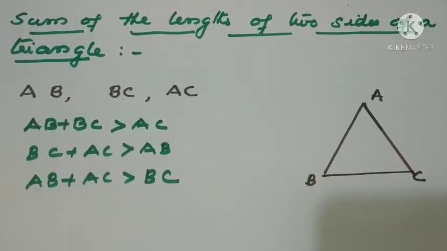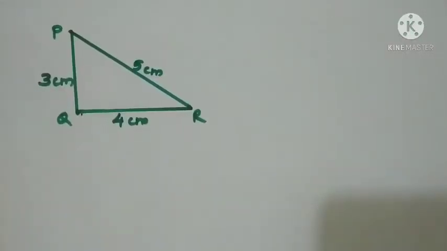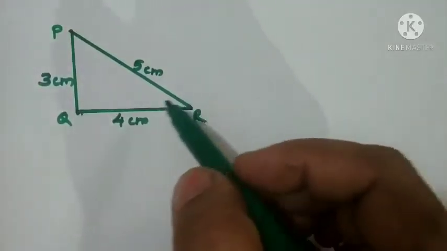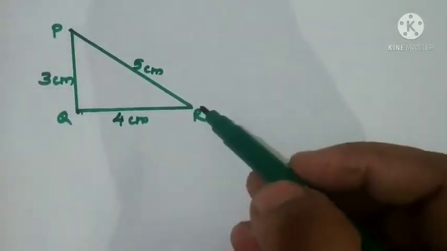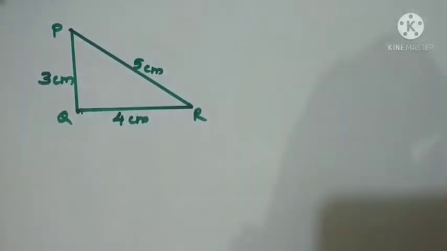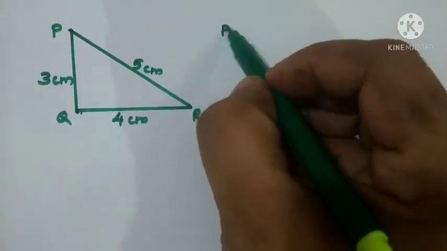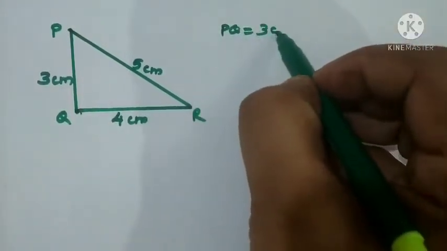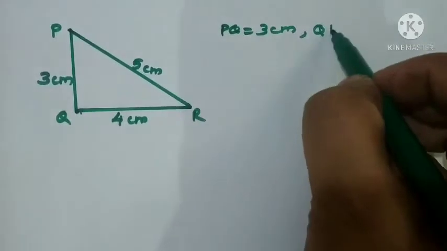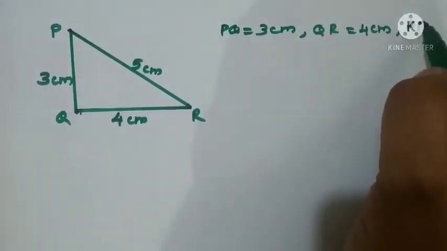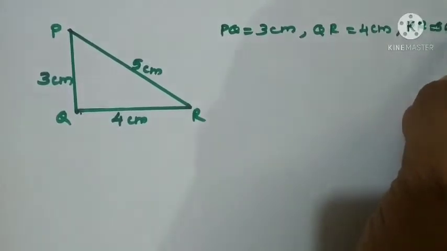So as you know, a triangle is drawn with the measurements 3, 4, 5, right? That means PQ equal to 3 centimeter, QR equal to 4 centimeter and PR equal to 5 centimeter. So I'll write down here PQ equal to 3 centimeter, QR equal to 4 centimeter and PR equal to 5 centimeter.